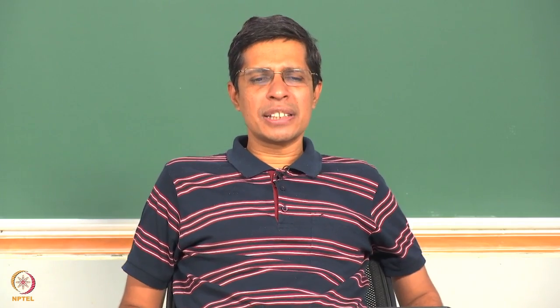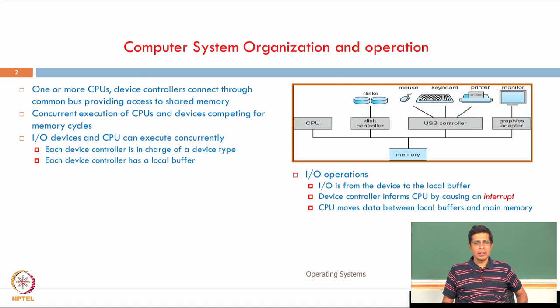When you look at a traditional computer system organization, you basically have a bus which is given by the lines there, and then you have a memory, then you have a CPU, and then you have a set of peripherals. On the screen you see 5 peripherals, namely the disks, the mouse, the keyboard, printer, and then a monitor.